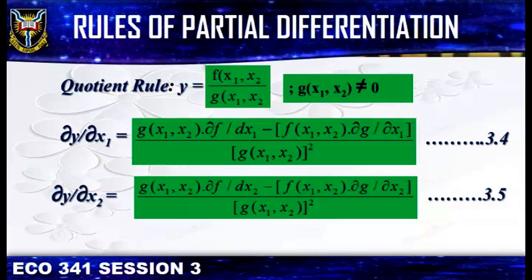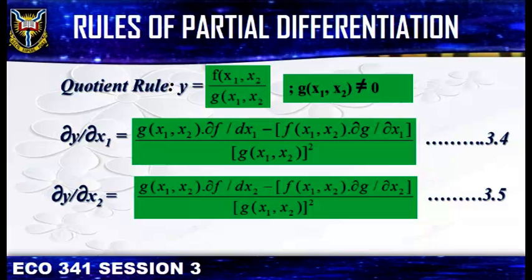Partial dy over partial dx2 is equal to (5x1 + 3x2) dot 7 minus ((6x1 + 7x2) dot 3) over (5x1 + 3x2) squared, is equal to 35x1 + 21x2 minus 18x1 minus 21x2 over (5x1 + 3x2) squared, is equal to 35x1 minus 18x1 over (5x1 + 3x2) squared.